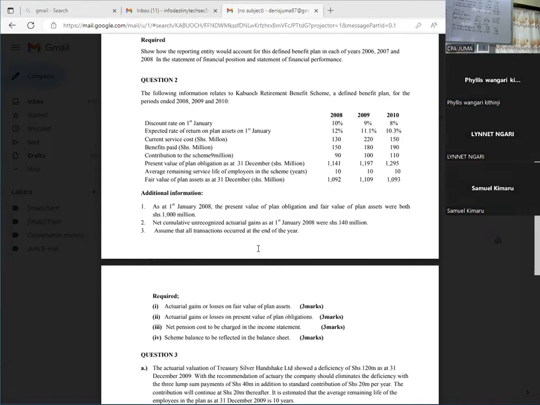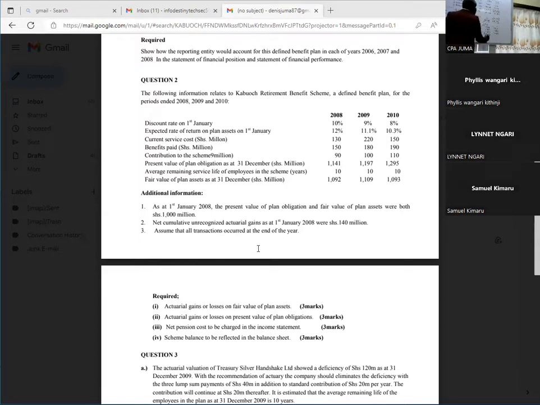So you bring it here. Unrecognized gains, but carried down. Pick the closing figures. 107. So are you 107? Reduce, it is an asset. 169.